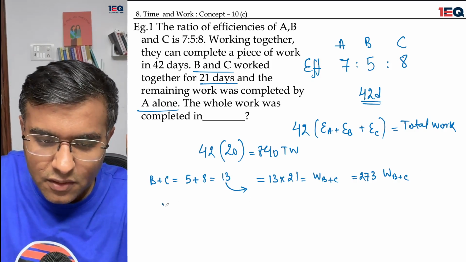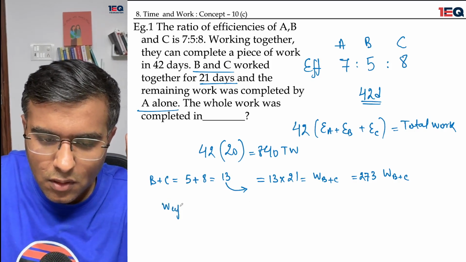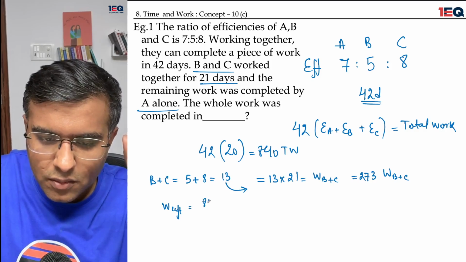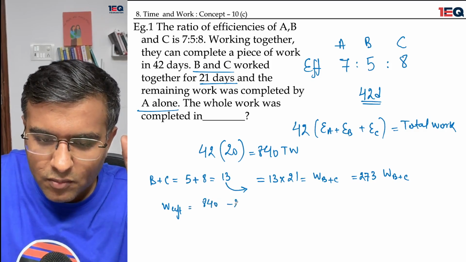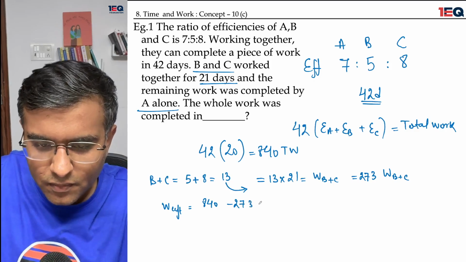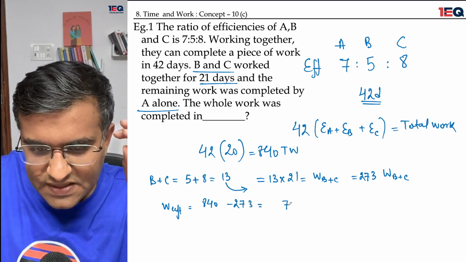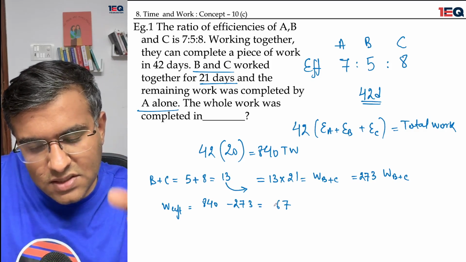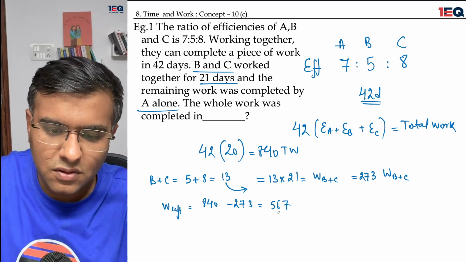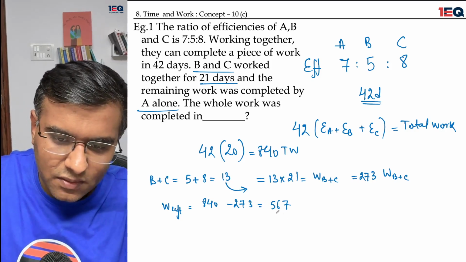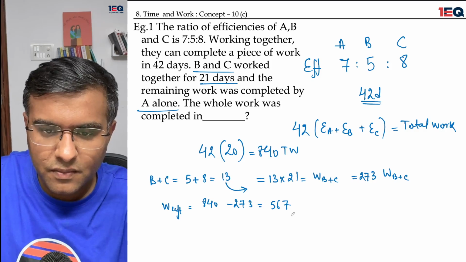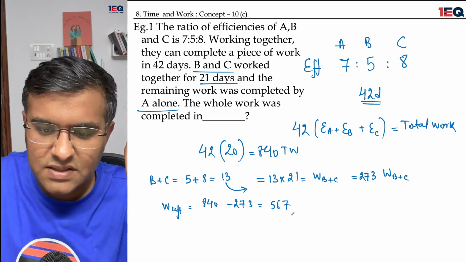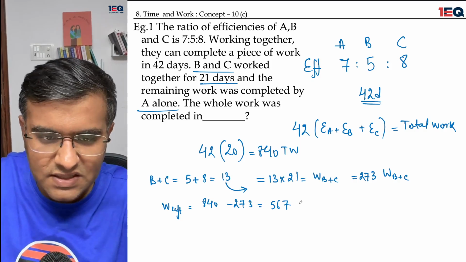Work left is equal to 840 minus 273. This would give me a 7, this would give me a 6, and 7 minus 2 is 5. So 567 is the total work that is left.